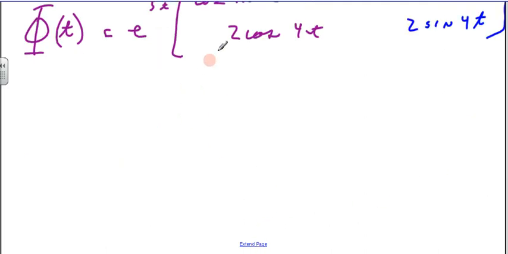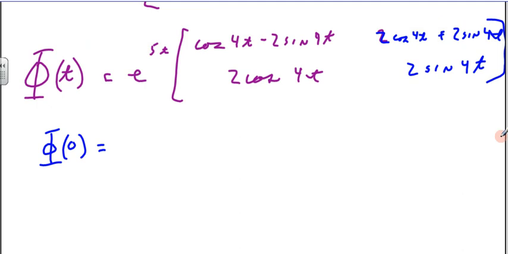And then we're going to look at iota at 0. Okay, so I got a 1 out in front. I got a 1, I got a 0, I got a 2, 1, 2. I've got a 2, I got a 0. 2, 0.